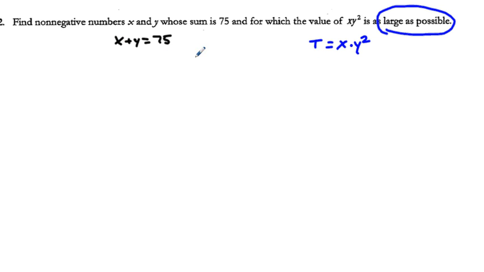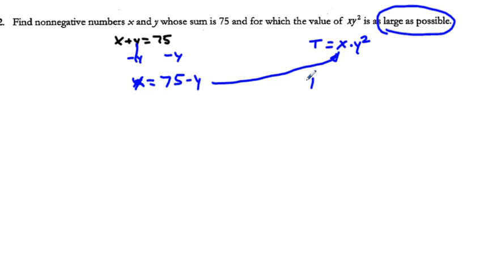So we're going to reduce this equation on the left to a single variable by subtracting y from both sides of this equation. So we end up with x equals 75 minus y. And this 75 minus y, we're going to replace x with here.